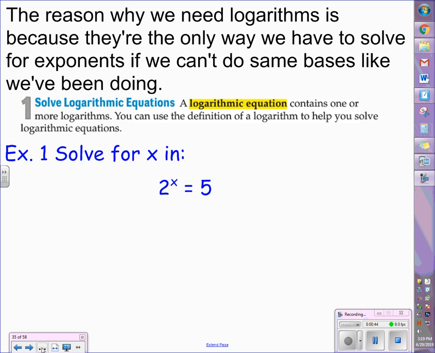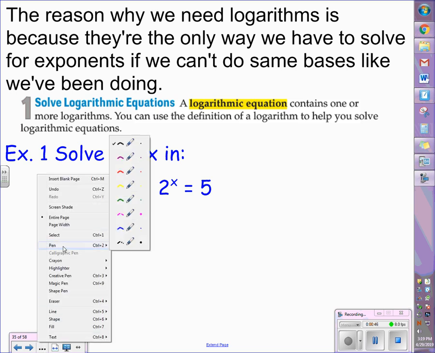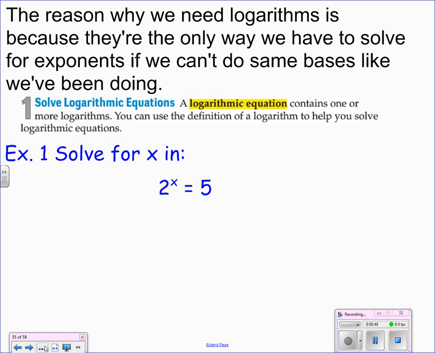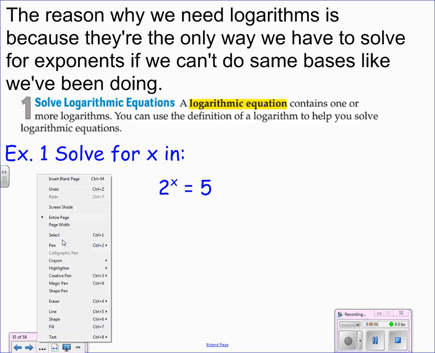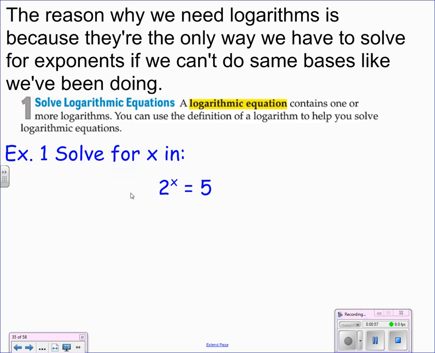What I would do is use a logarithm with the same base for the left side, because that's where x is in this equation. So I would add a log base 2 on both sides. It doesn't matter what log you use as long as they have the same base.